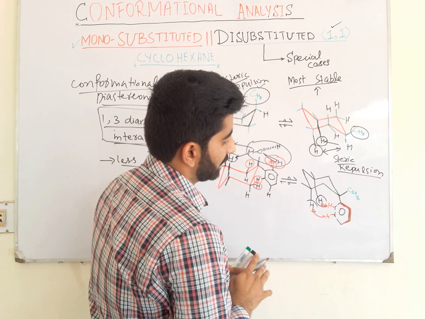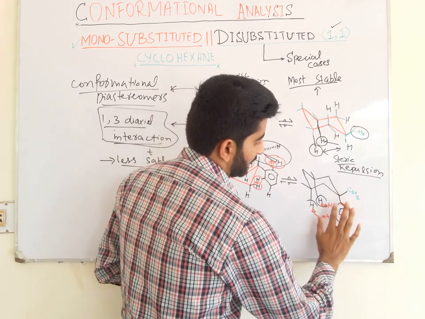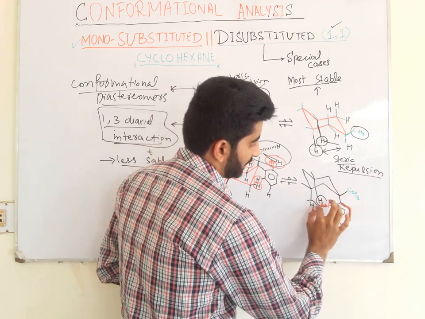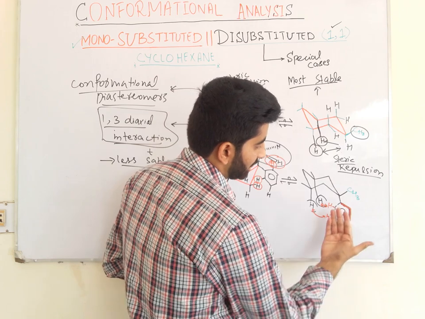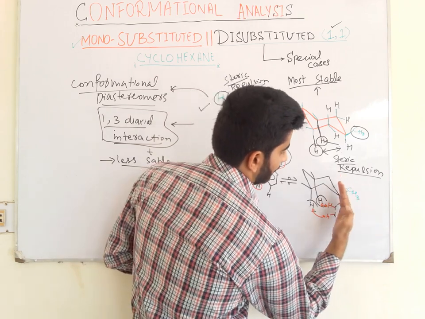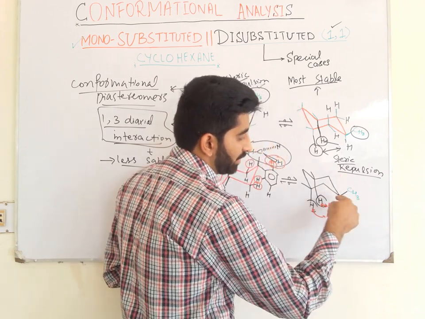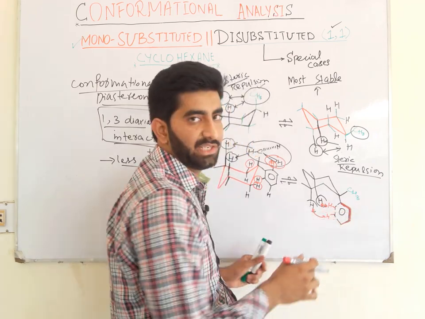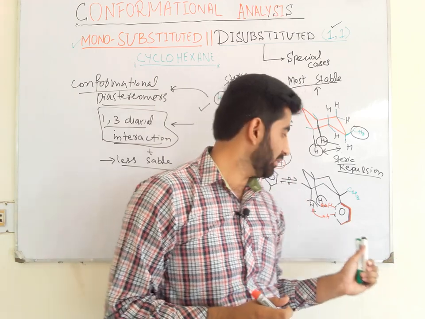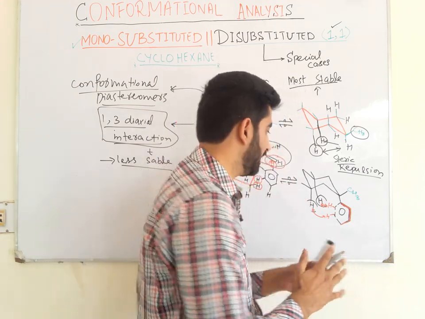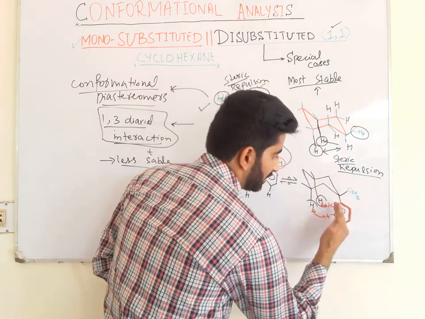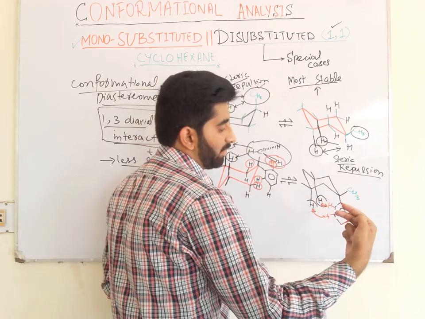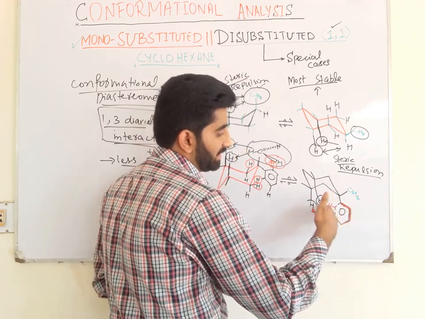Firstly, it is present in the plane of the board, and the two hydrogens show steric repulsion between them. But when this ring is oriented in the orthogonal position, two hydrogens are into the plane and two hydrogens are out of the plane, so it reduces the steric repulsion.